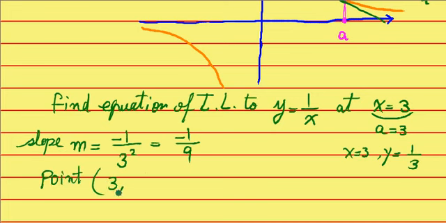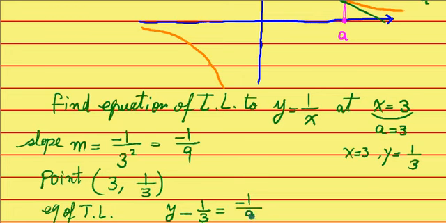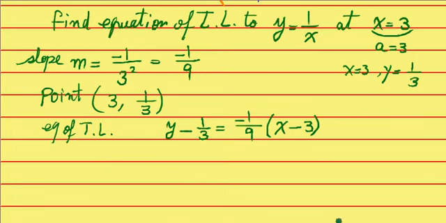The point is (3, 1/3). So the equation of the tangent line is going to read y minus the y of a given point is equal to the slope times x minus the x of the given point. So that gives us the point-slope formula for the tangent line.